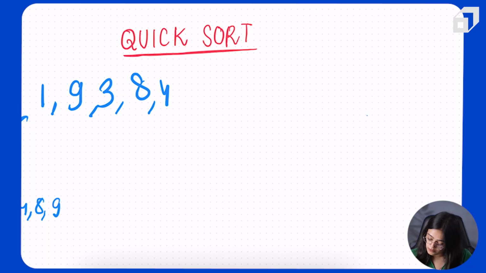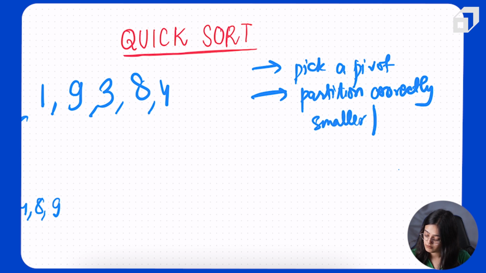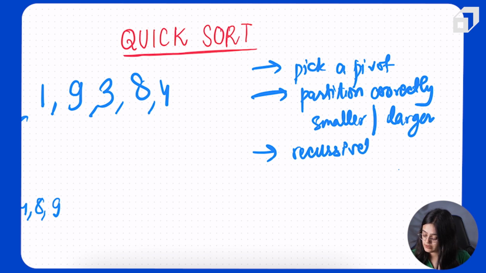First, as the quick sort algorithm says, we have to pick a pivot element and place it in its correct place. So: pick a pivot, partition correctly, which means smaller elements on the left and larger elements on the right, and then recursively sort the partitions.